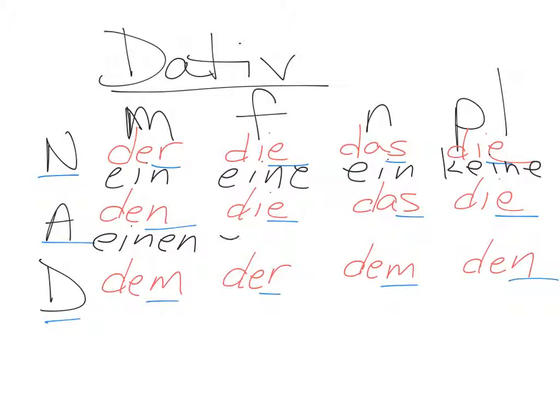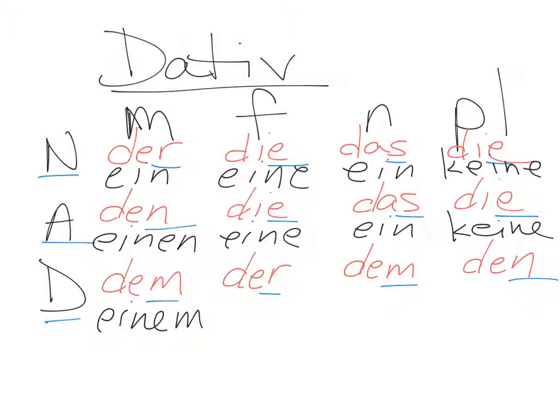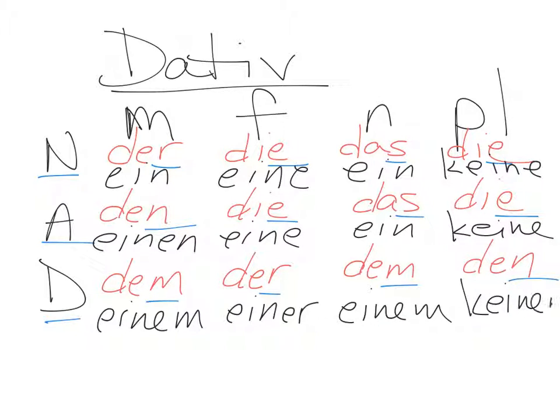Feminine. Eine. Neuter. Ein. And plural. Keine. Gesundheit. Dativ. Einem. Feminine. Einer. Yep. Neuter. Well, started to say keinem. And plural. Good.